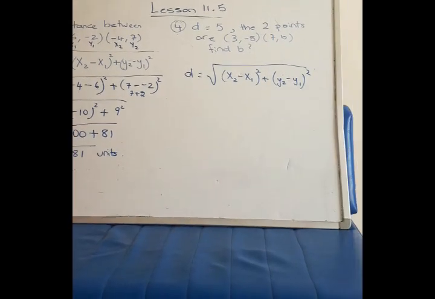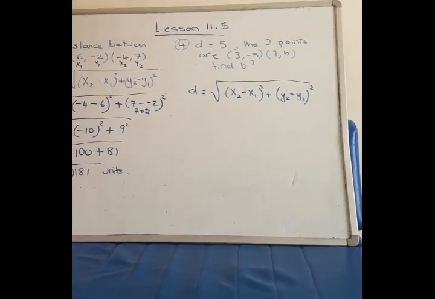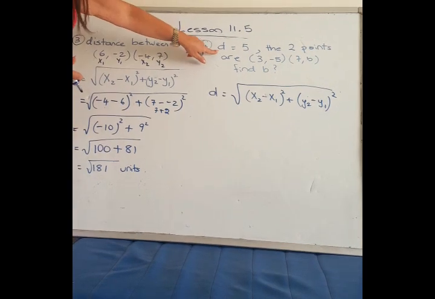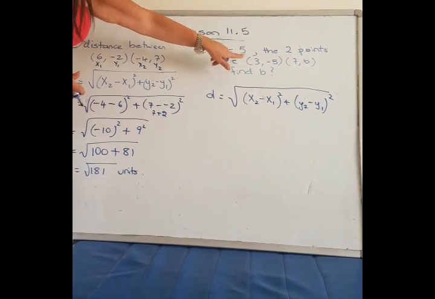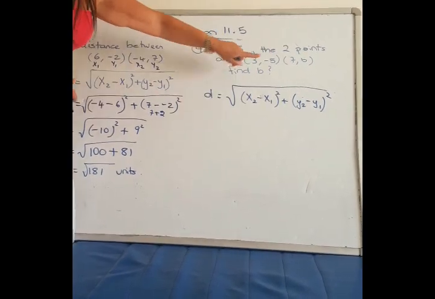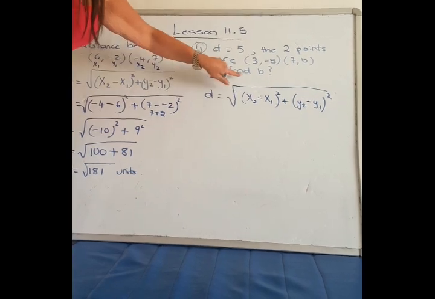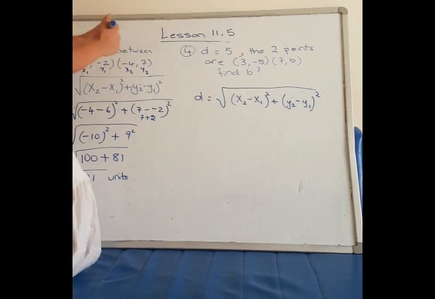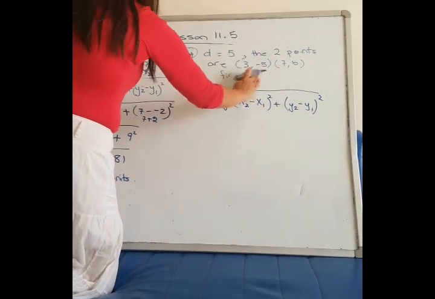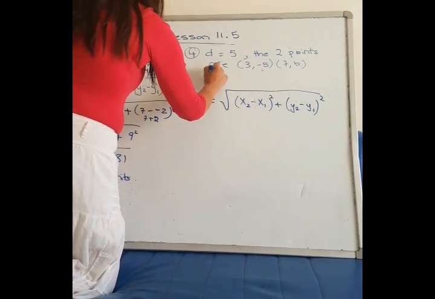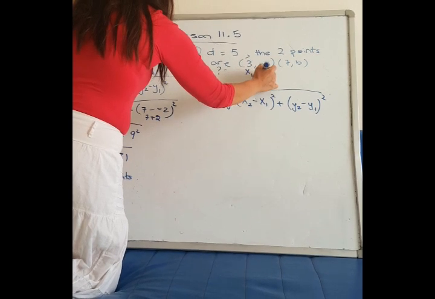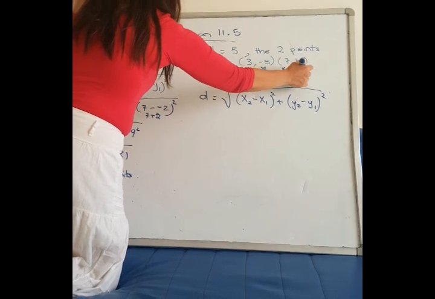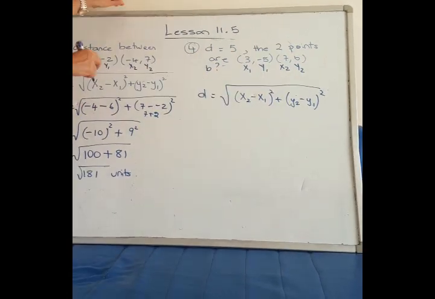The fourth example is different. That's the only equation that's different. They gave me the distance, which is 5, and they gave me 2 points. One of the points has B, and they said find B. It's exactly the same concept. The first thing I do is I label x1, y1, x2, y2, and I substitute.